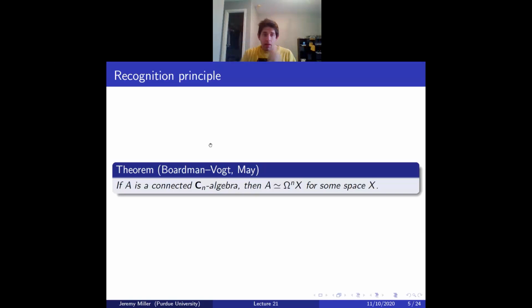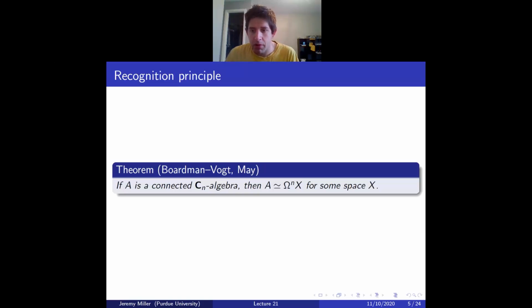And the main theorem that we want to prove is that if you have a connected algebra over the little cubes operad, then it's homotopy equivalent to an n-fold loop space.